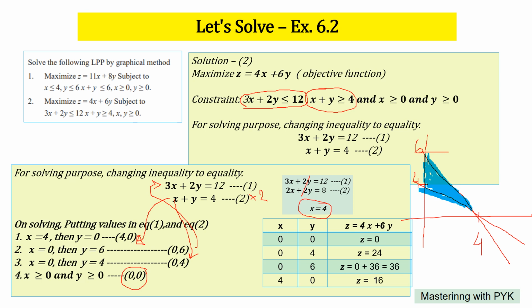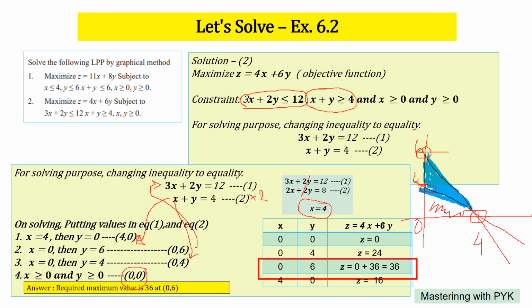If we check from the previous problems, we don't have the zone towards the origin. So our corner points are 1, 2 and 3. On putting the values, we get x as 0, y as 6, and it is maximum there, at 36. So the required maximum value is 36 at (0, 6).